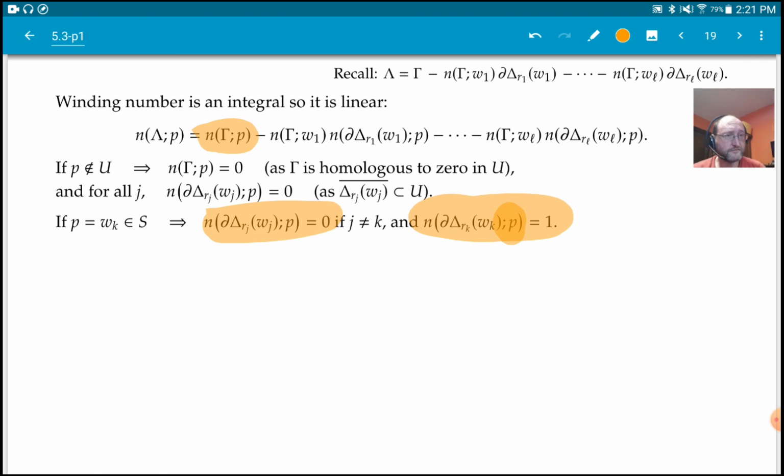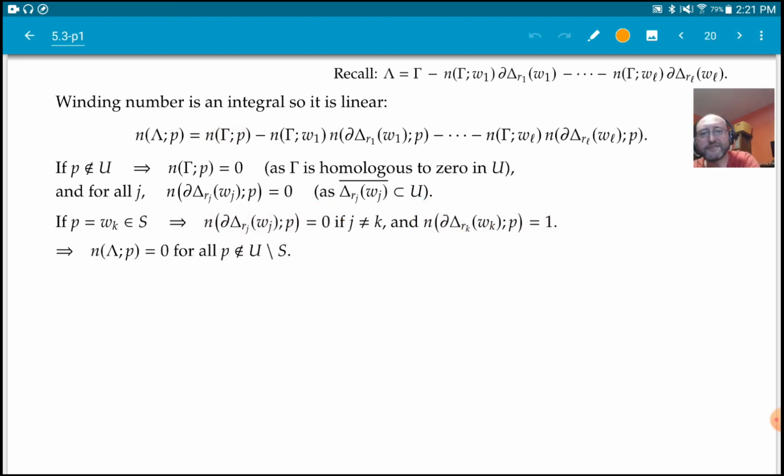All the other ones are 0, because all of these closed disks are disjoint. Now, what do these two statements mean? It means that the winding number of lambda around P is 0 whenever P is either not in U or in S. So if P is not in U minus S, then the winding number of lambda around P is 0. In other words, lambda is homologous to 0.